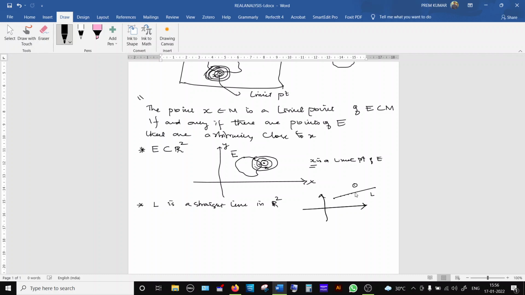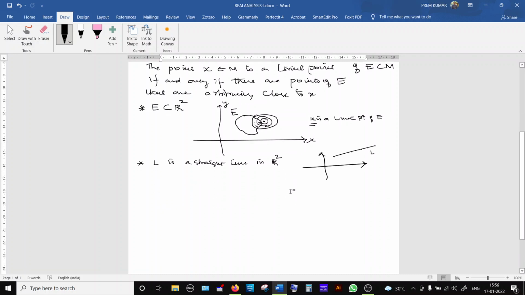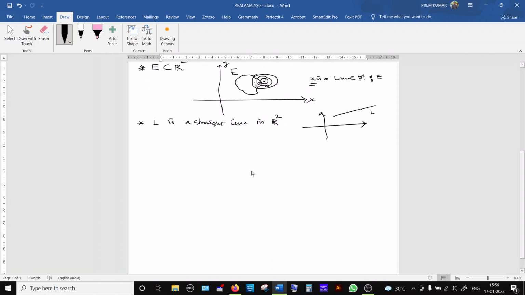If a limit point is there, it will be on the same line only. That is what you can understand from here, by intuition. By just seeing it, we see that there exists no limit point outside this line.